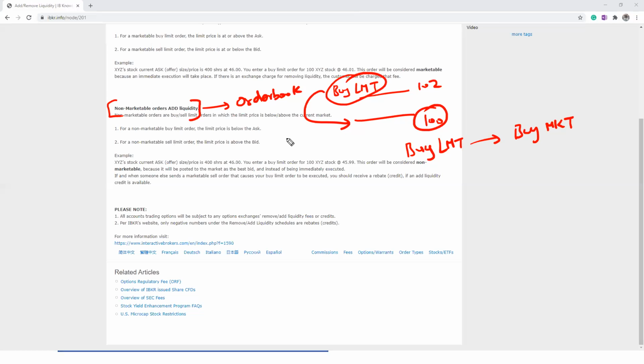If you are placing a buy limit order below the current market price, it is a non-marketable order. If you are placing the buy limit order above the market price, it is a marketable order. As simple as that. It will execute like a market order if you are placing a buy order. The same thing goes with the sell order on the opposite side. All right.